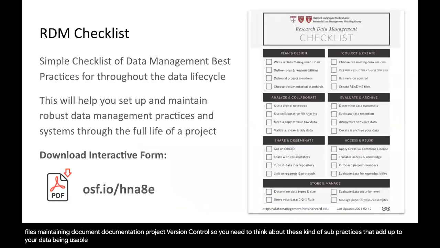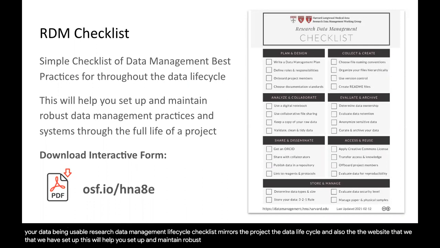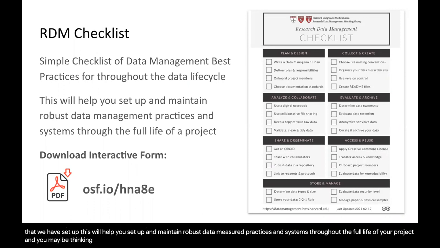So this research data management lifecycle checklist mirrors the data lifecycle, and also the website that we've set up. This will help you set up and maintain robust data management practices and systems throughout the full life of your project. And you may be thinking, this is the one checklist you need.